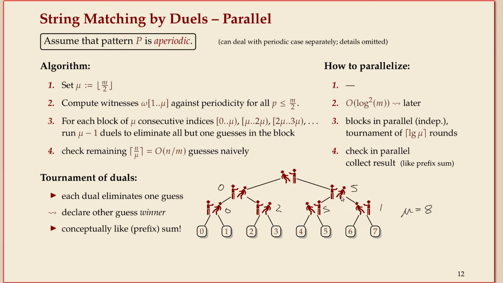So it's just fighting a tournament. And here 5 is the only one that remains, but that's just an example I made up. So the important part is this is a complete binary tree. And we know the height of a binary tree is log of the number of the leaves. So this has log mu height.